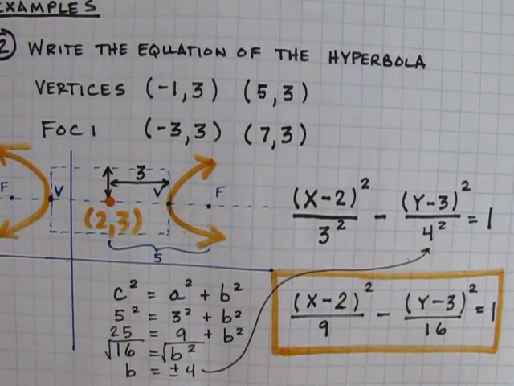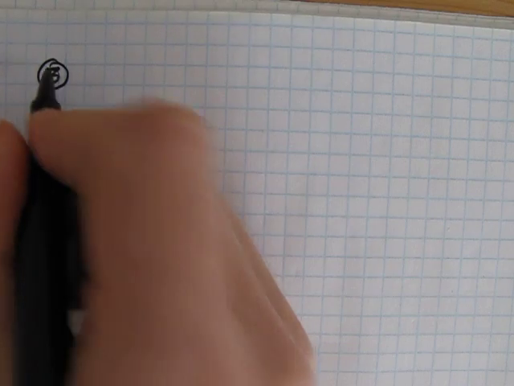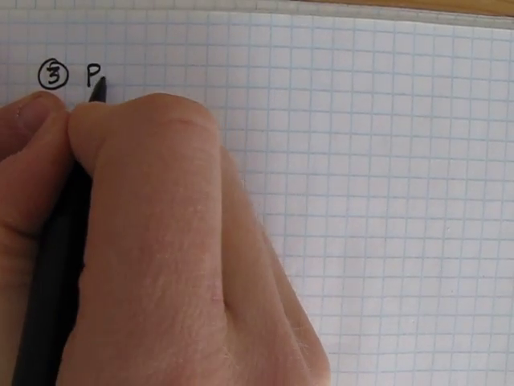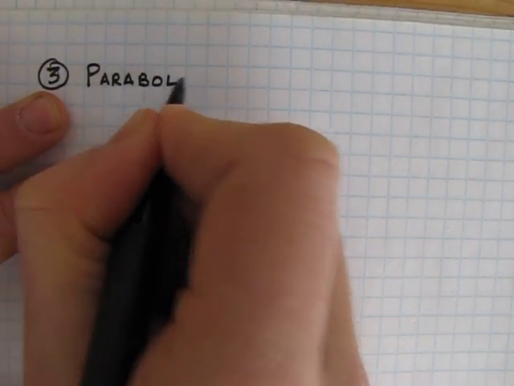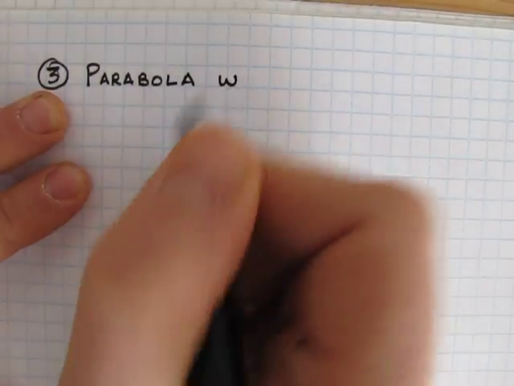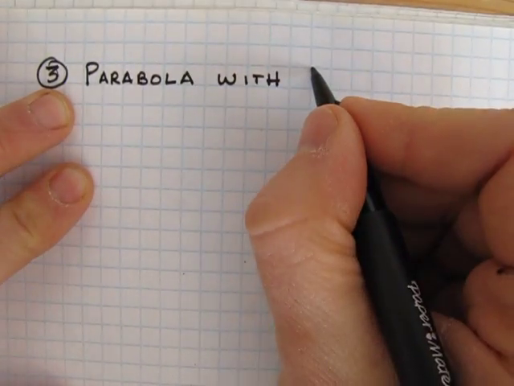Okay. Last example for today. Let's call this number 3. I want you to write the equation of a parabola with the following information.